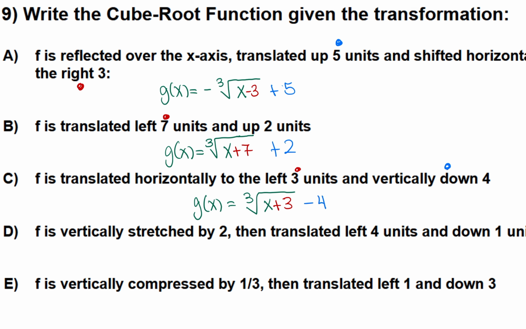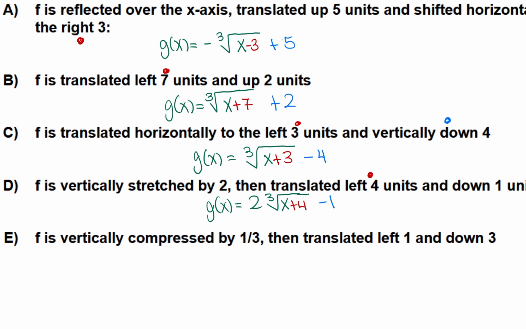For the next question, we have f is vertically stretched by 2. So we have g of x is equal to 2 times the cube root of x. This then says what? Then translated left 4 units, so hence we have plus 4 inside the cube root. And it indicates that it's going to be down 1 unit, so minus 1 outside the cube root.